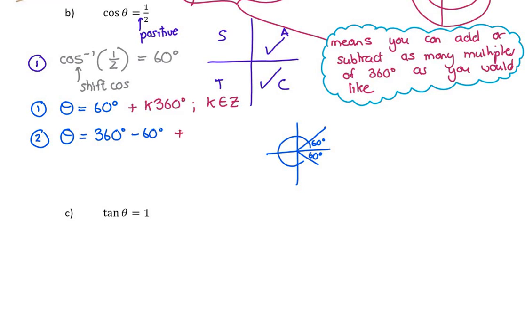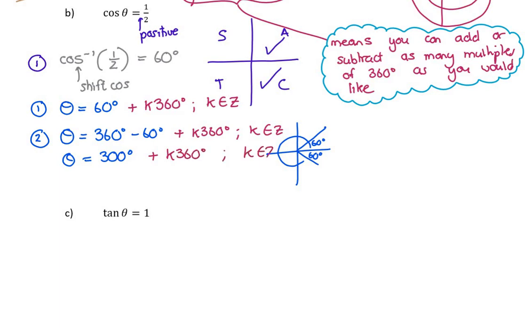Okay, but you've got to add on the surname. The moment you write down a solution for theta, you've got to add on the fact that plus any multiple of 360 degrees. So actually this then becomes 360 minus 60 is 300 degrees plus k360. K is an element of integers.